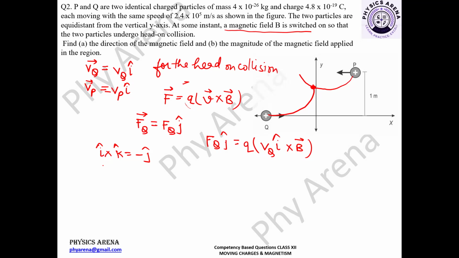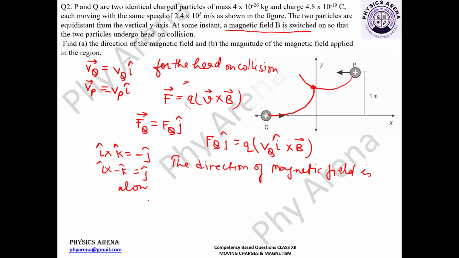That is, I cap cross minus K cap is equal to J cap. So we can say the direction of magnetic field is along minus K cap.